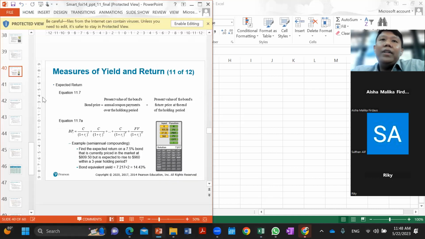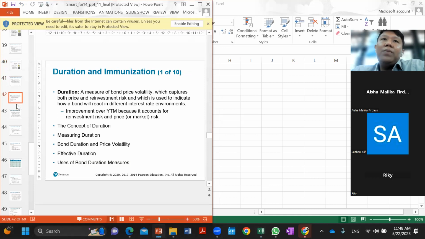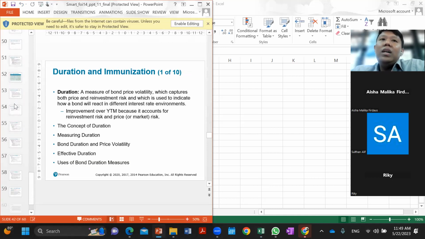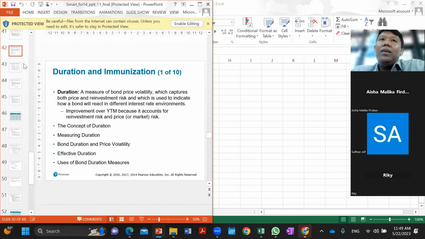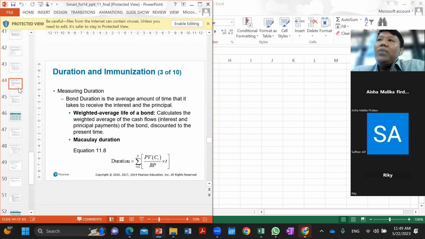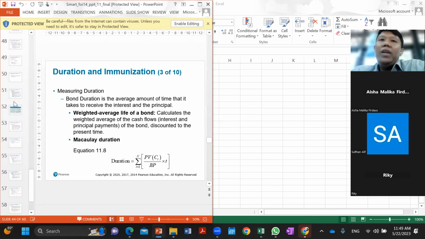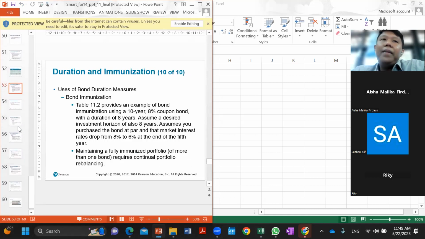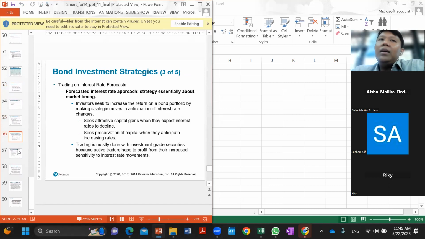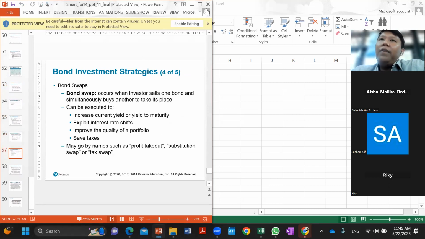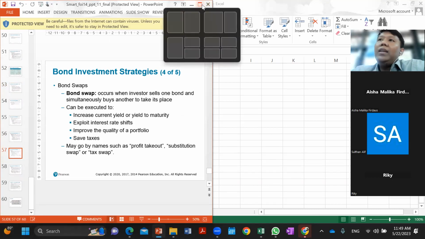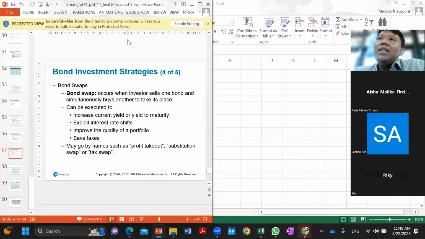Actually, we still have one more topic to discuss, which is duration and immunization. I will try to explain this concept in the next class. Hopefully, it is very easy. It is the way we can look at the risk of a bond portfolio. We will look at several bond risks, and then choose the bond with a tolerable level of risk.